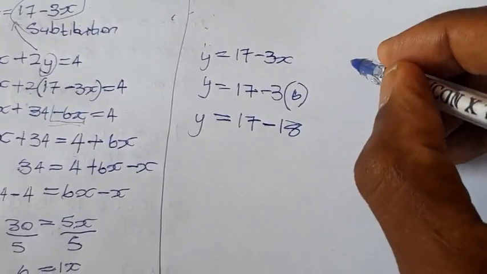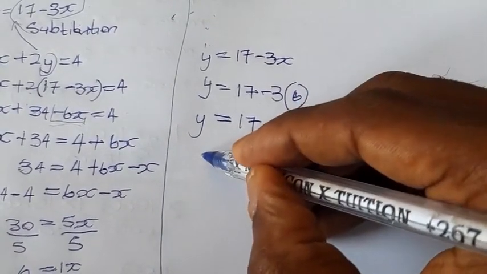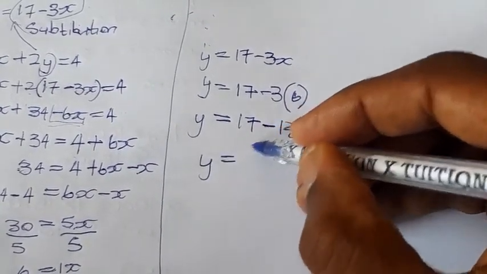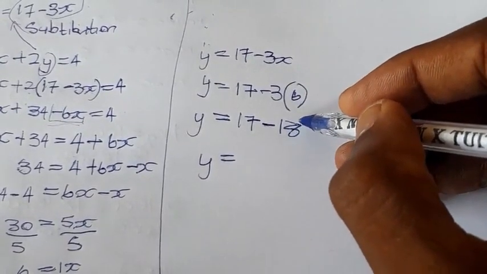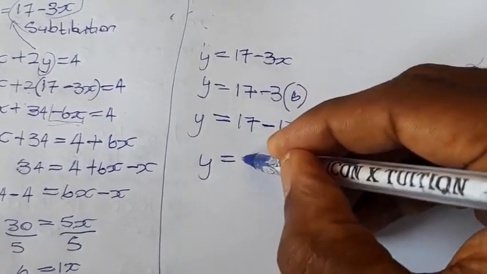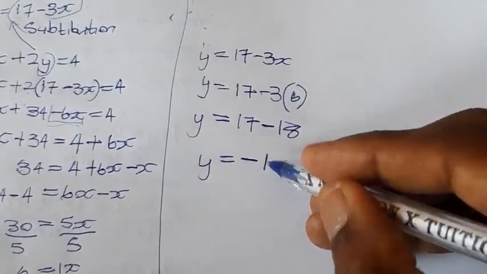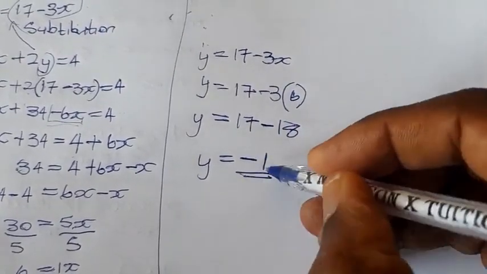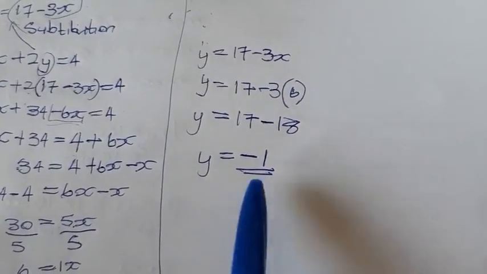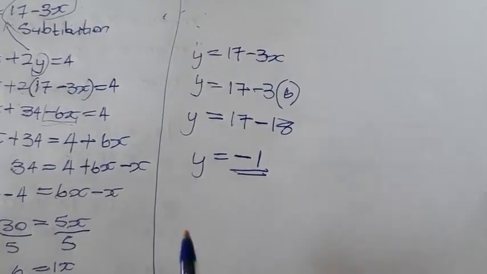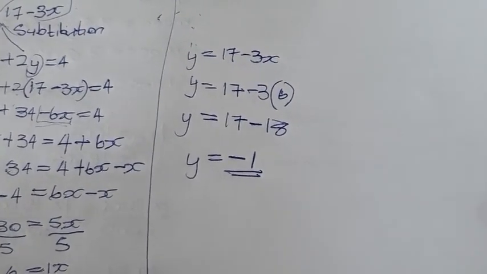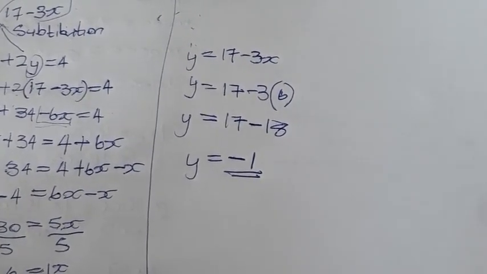Y is equals to 17 minus 18, which is equals to negative 1. This is our y. That's it, basically. This is the substitution method. We were substituting.